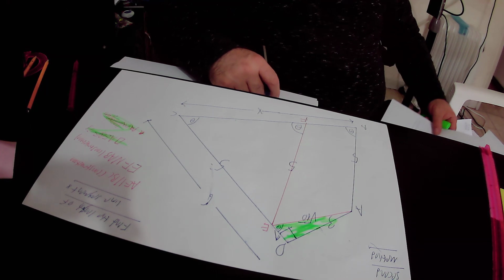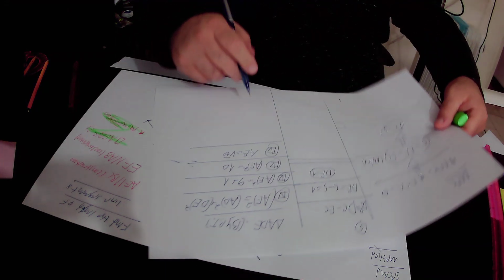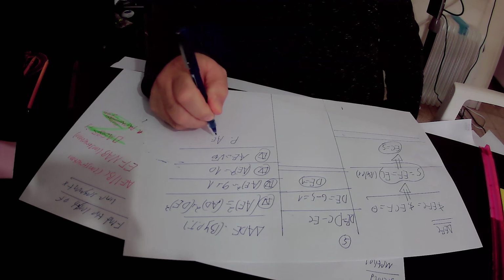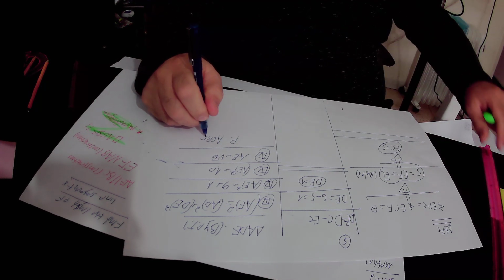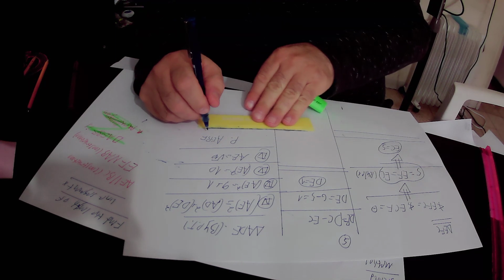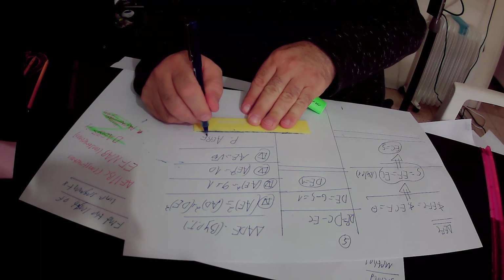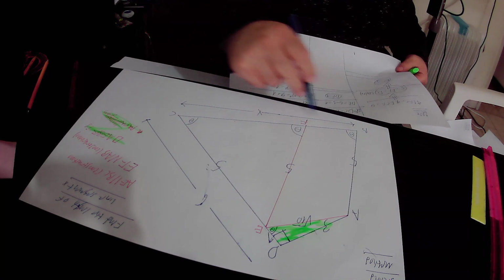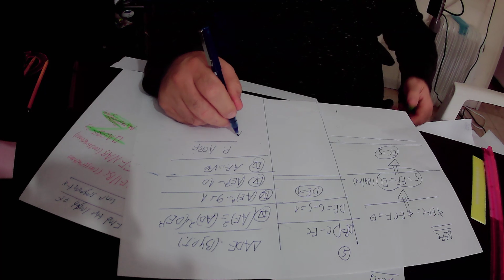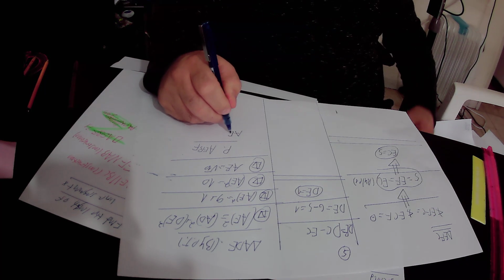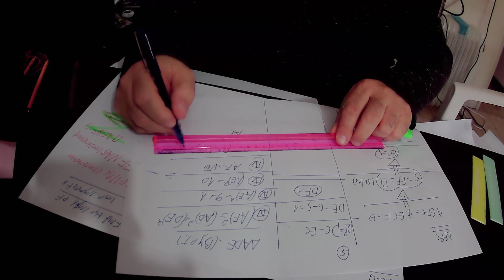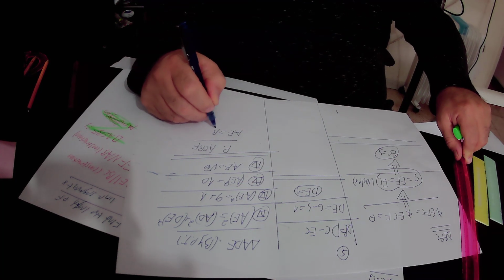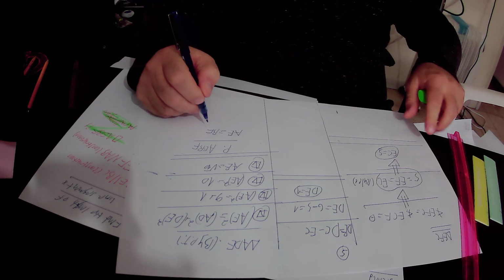So if we focus on parallelogram AEBF, the opposite sides of parallelogram AEBF are equal to each other, that is AE equals BF, according to rule number 4.